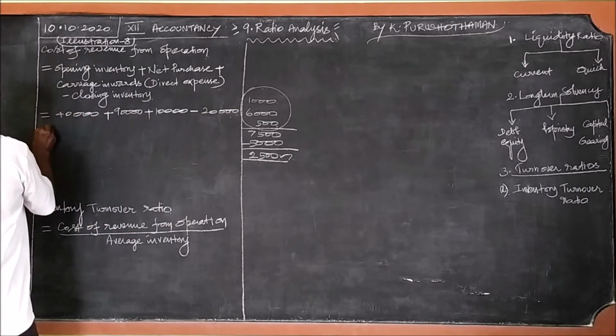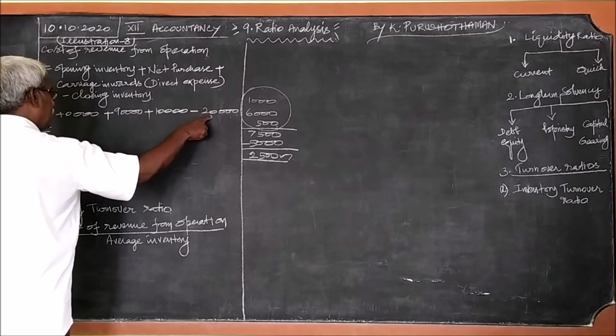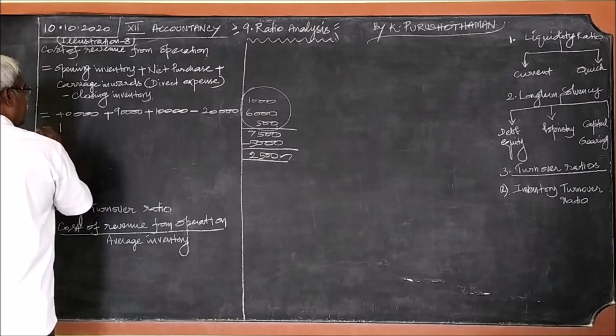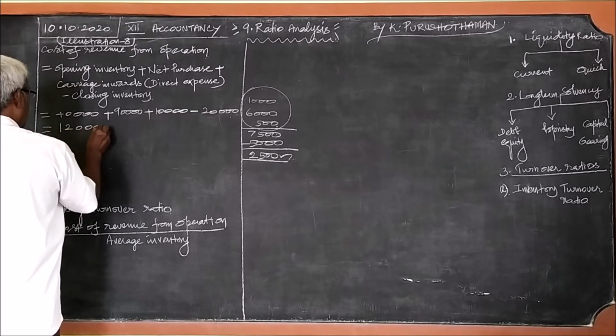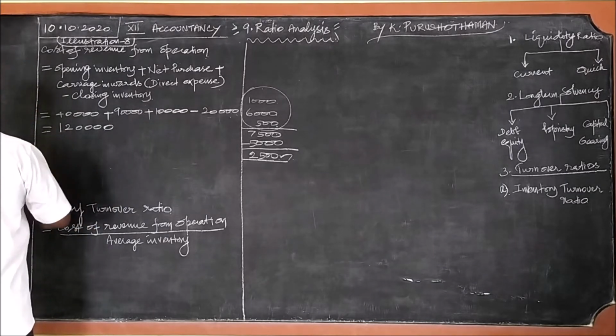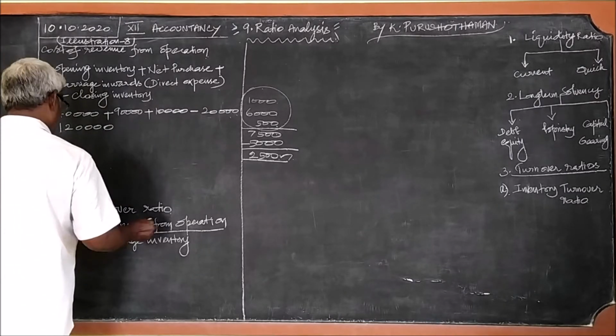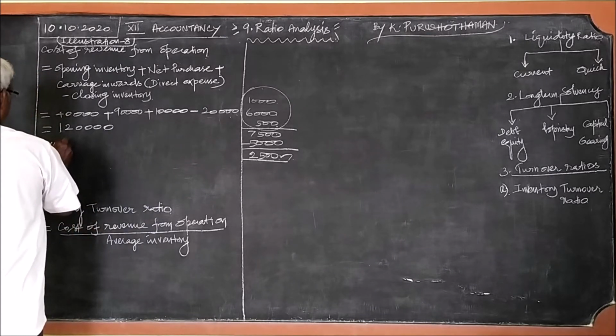So what is this? 1,30,000, 1,40,000. If you minus 20,000, you will get 1,20,000. Then the denominator, what is that? Average inventory.